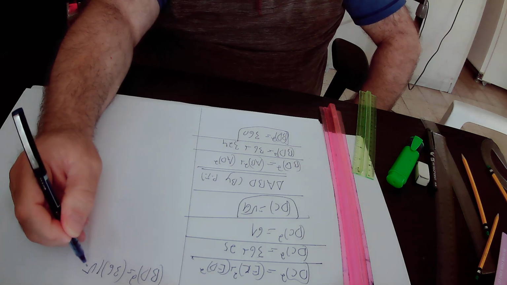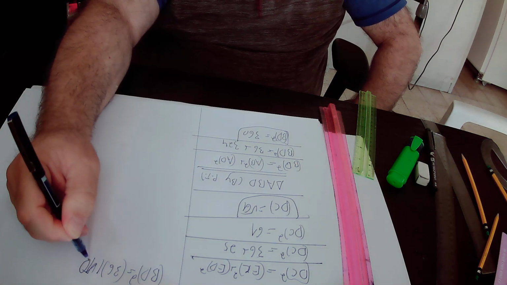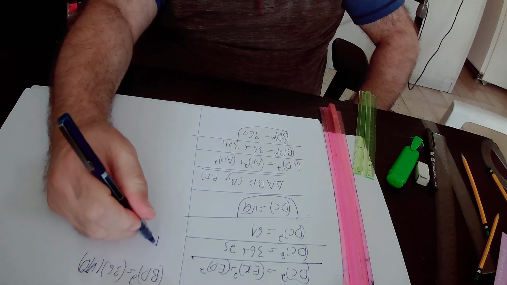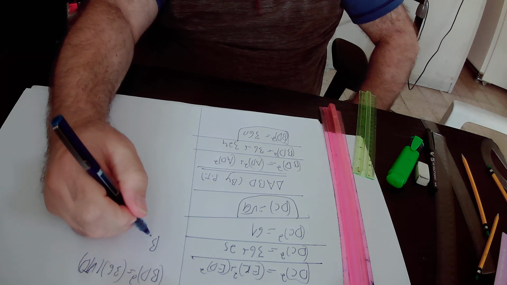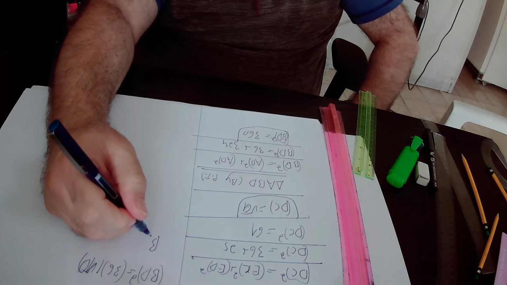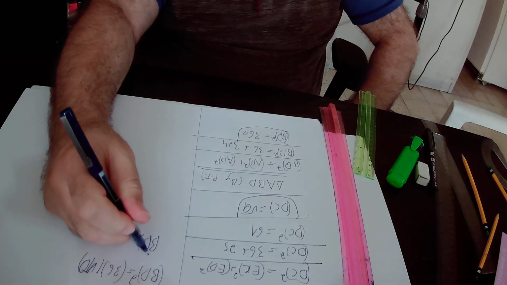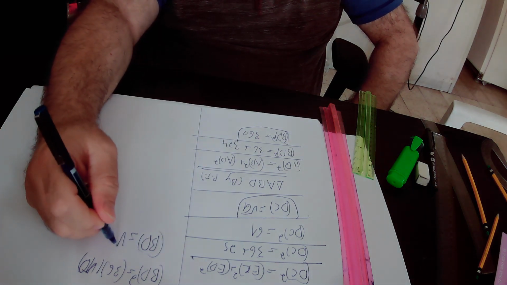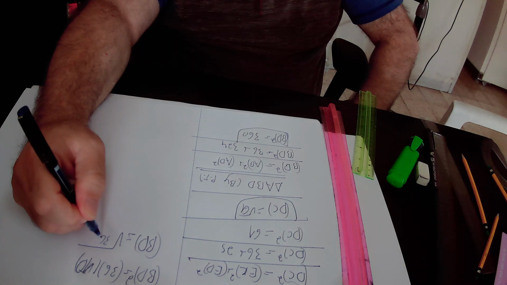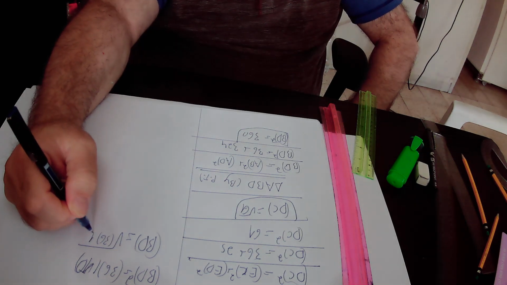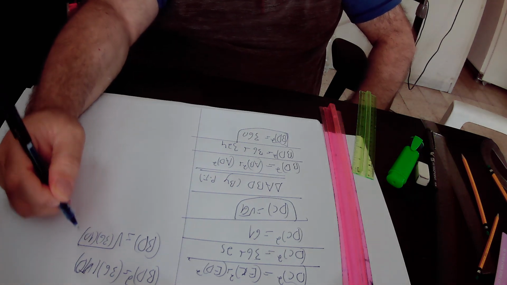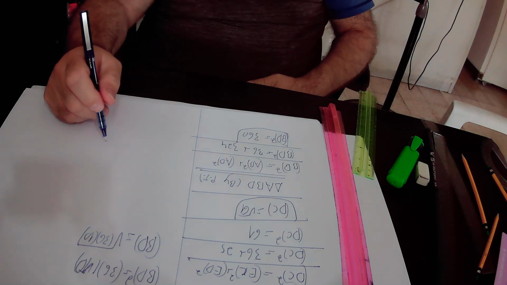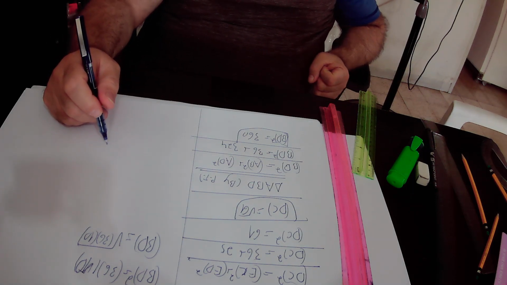Here we will take a root out of this equation, and we'll get that BD, that is the hypotenuse of the right triangle ABD, is equal to the square root of 36 times 10. The square root of 36 is 6, so we'll take 36 out of the root.